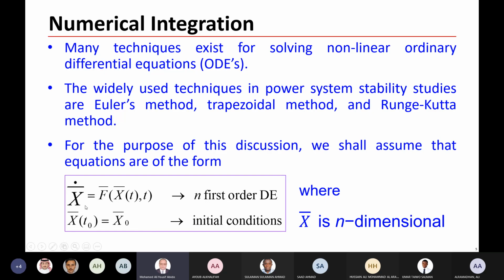You have x1 dot, x2 dot, and so on, up to xn dot, with f1, f2, and so on.